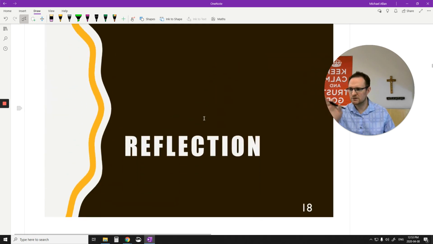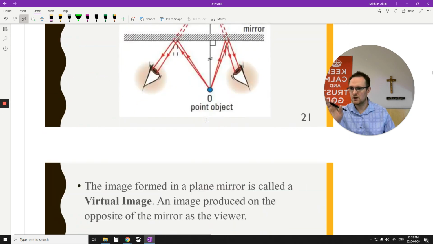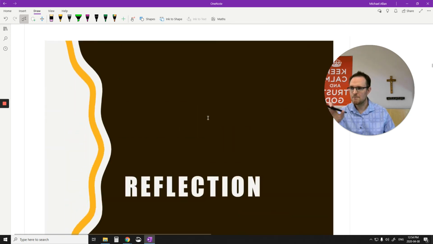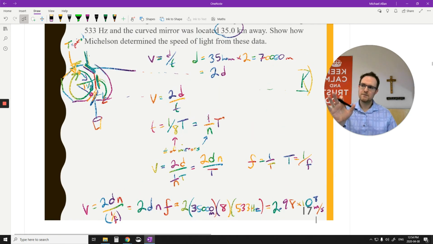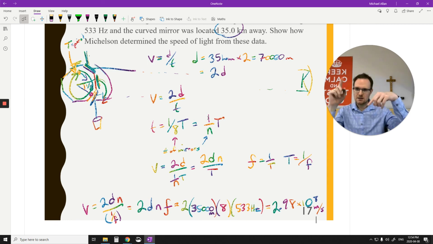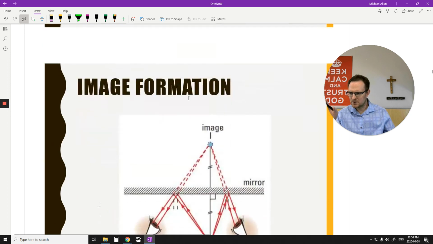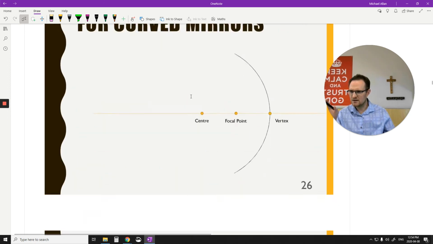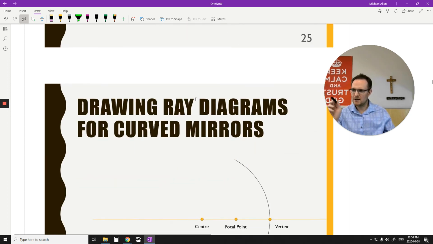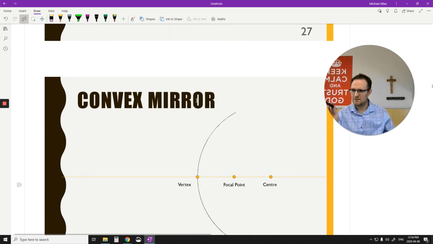Next week, we're going to be doing reflection, and we're going to do all sorts of diagrams and stuff. I'm going to put a link in the classroom for an extra PDF file, which is a picture or a couple pictures of these concave and convex mirrors.